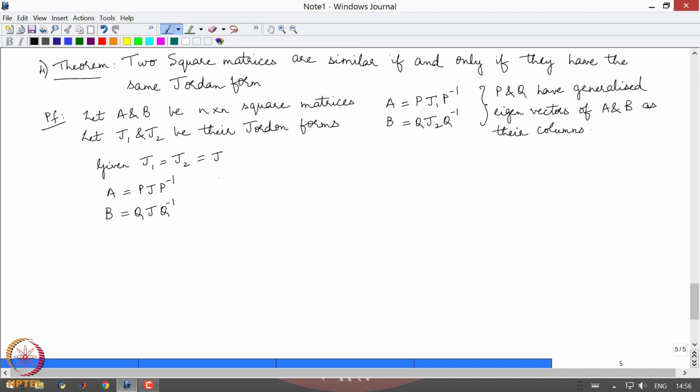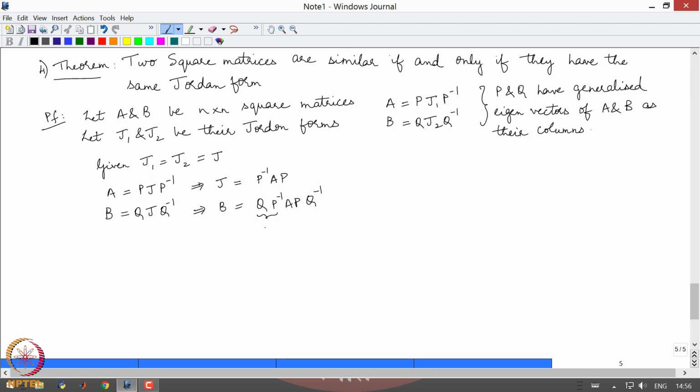Now, I can write J to be P inverse A P and then substitute this in B, I will get Q P inverse A P Q inverse.